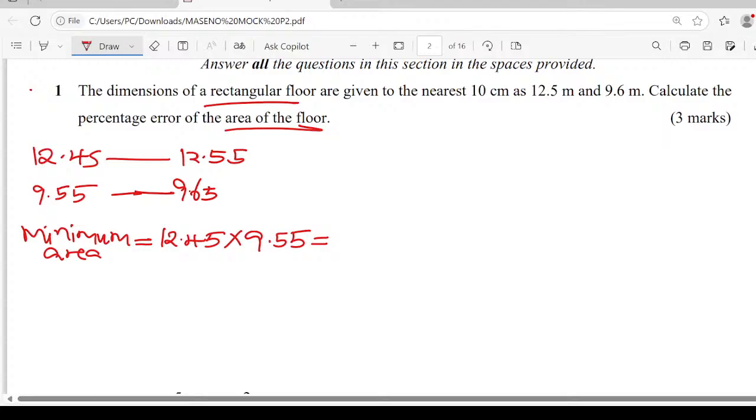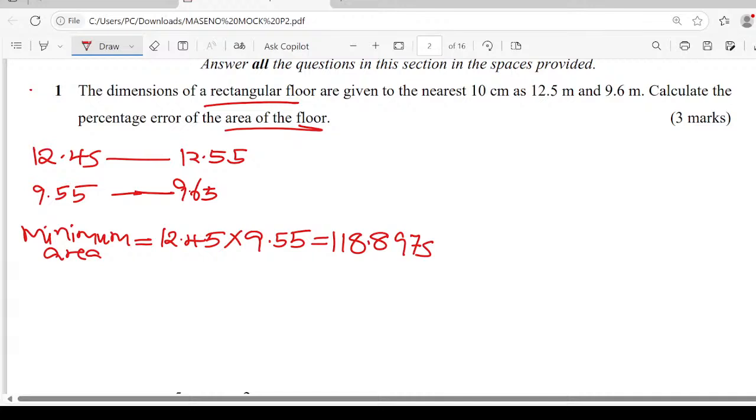When you multiply that, hope you have your calculator around you, dear learners, I'm getting 118.8975. That is my minimum area.